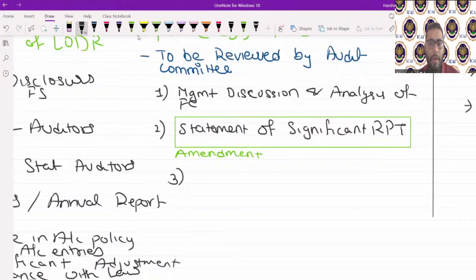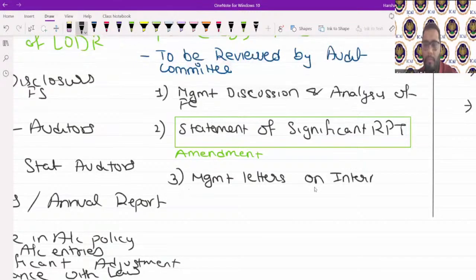Third, management letters on internal control weakness issued by the statutory auditor.